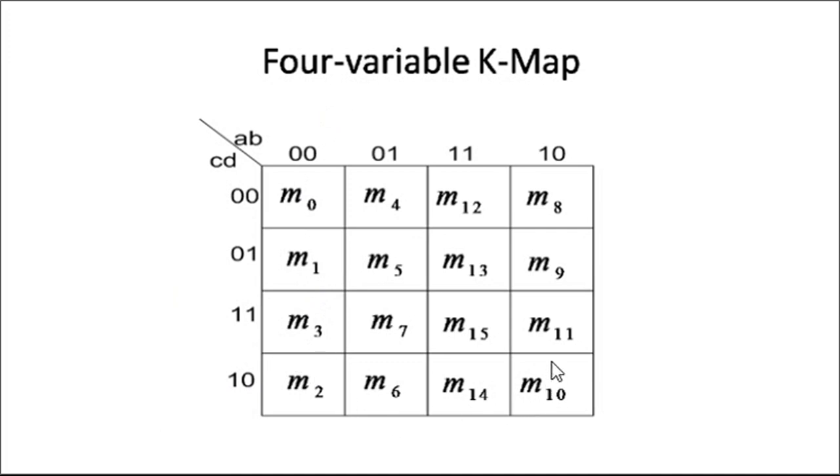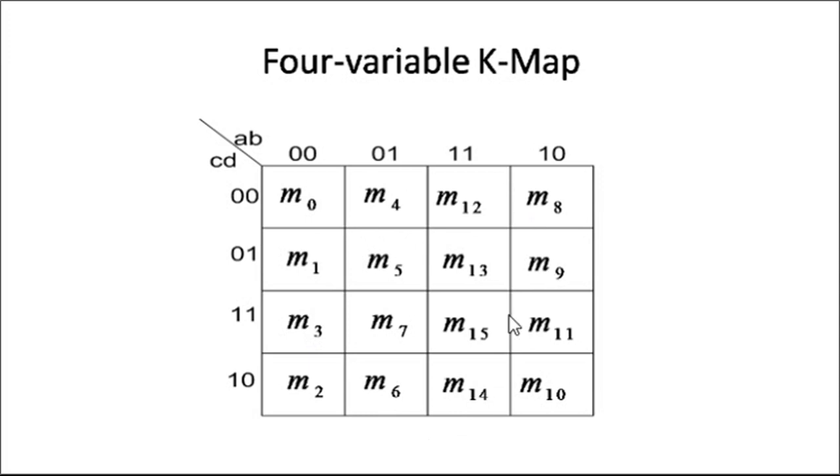Like this, all the cells are filled. The total number of boxes is 1, 2, 3, 4, so 4 by 4 means 16. We start with 0, that's why the max number is 15. In this way we are plotting the K-map.